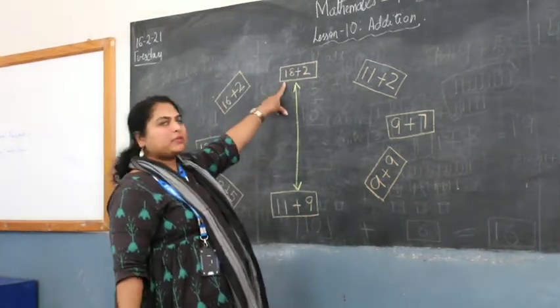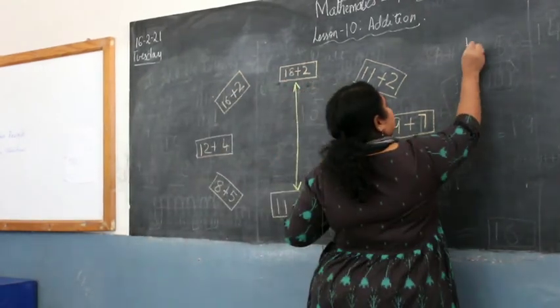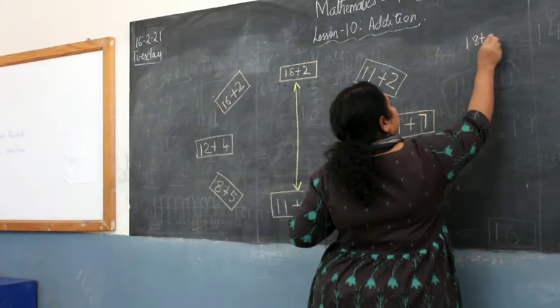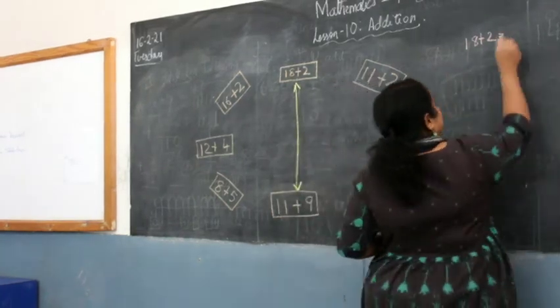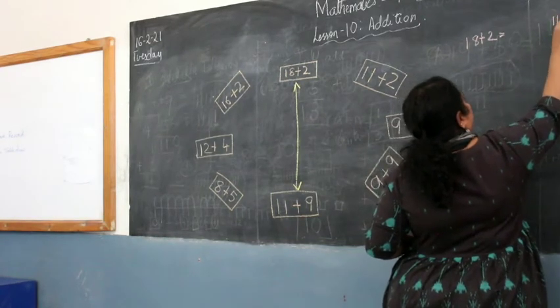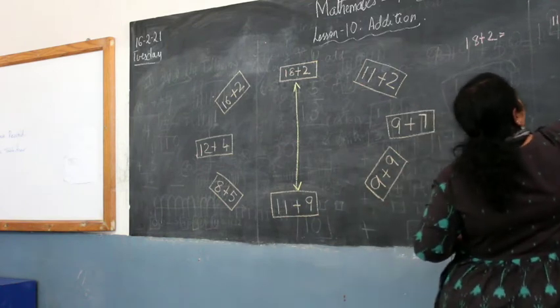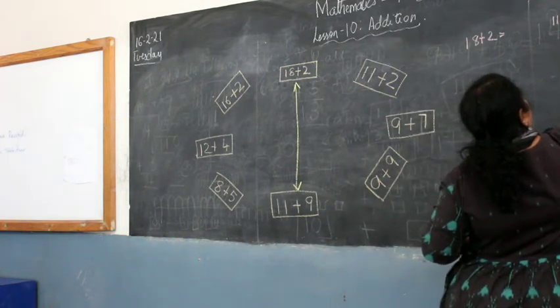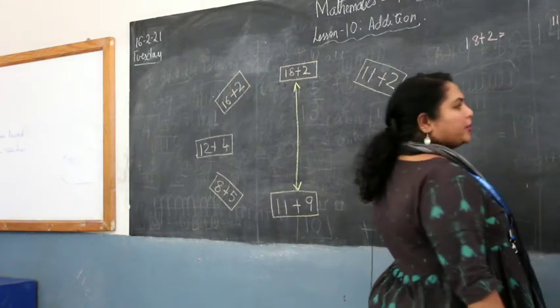When you say 18 plus 2, let's do 18 plus 2. 18 plus 2 equals, you have to draw 18 sticks. 1, 2, 3, 4, 5, 6, 7, 8, 9, 10, 11, 12, 13, 14, 15, 16, 17, 18. Okay?